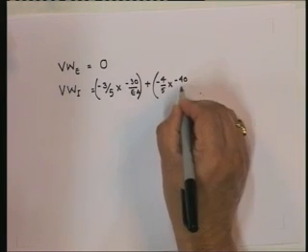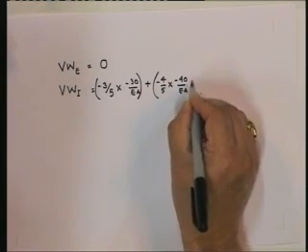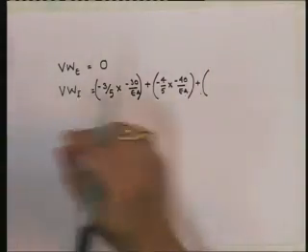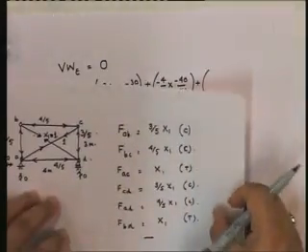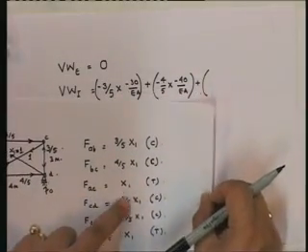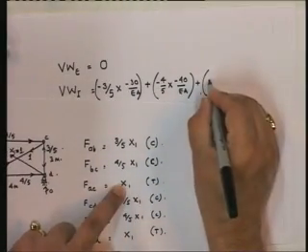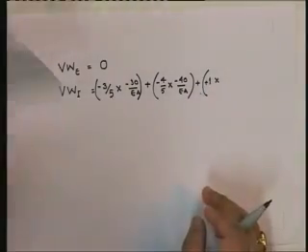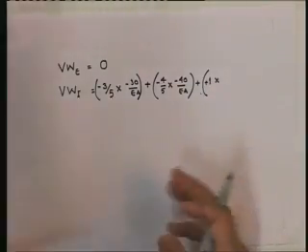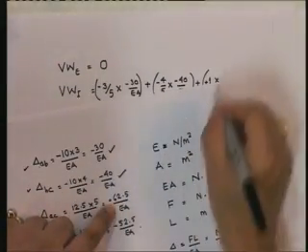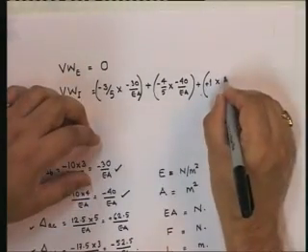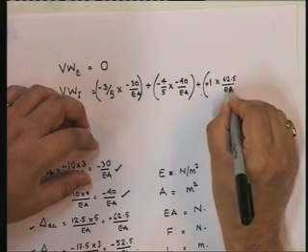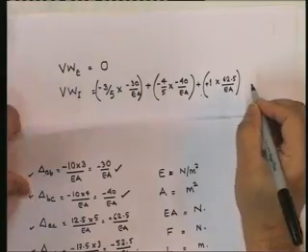Then I'm going to add what else? What's the next? AC. Force, tension 1. So it's going to be plus, multiplied by the real deformation in AC, which is plus 62.5 upon EA. That is member AC.